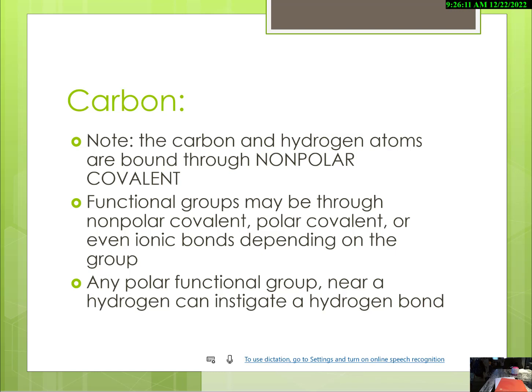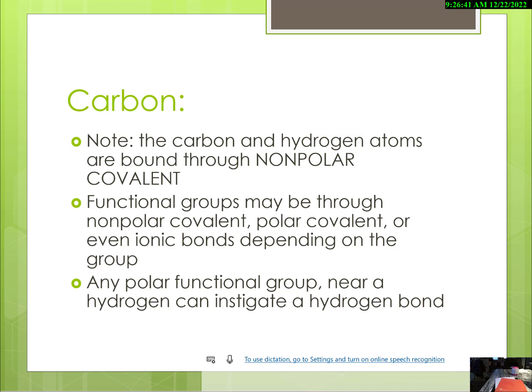And just to kind of recap a little bit, the carbon and the hydrogen atoms, they bound together through nonpolar covalent bonds, and those typically form what we call the backbone. Sometimes that backbone looks like a chain with even branches. Sometimes that backbone is more of a ring structure. But these functional groups can be introduced at different areas of this chain or ring structure and can have their own properties.